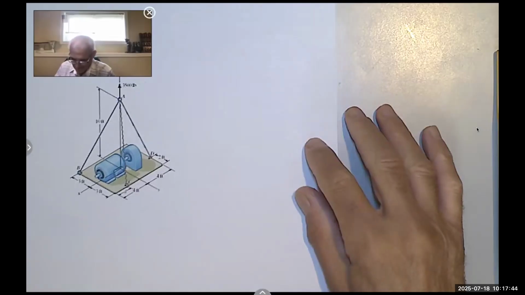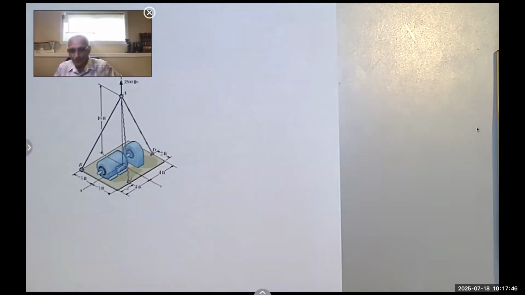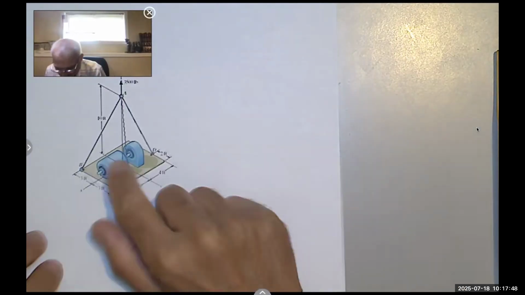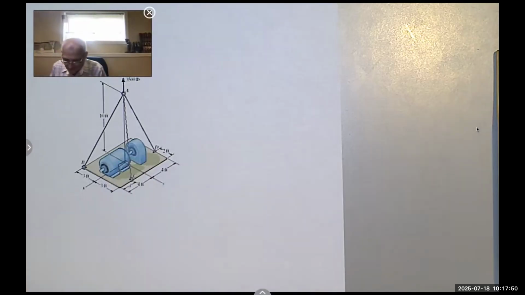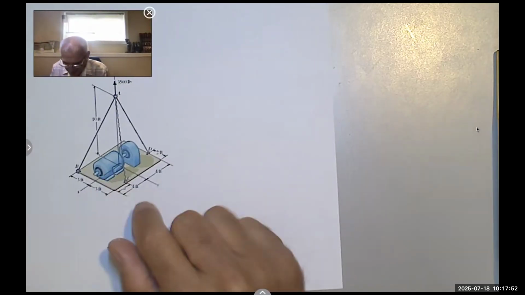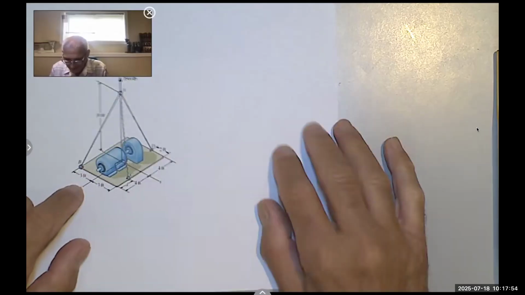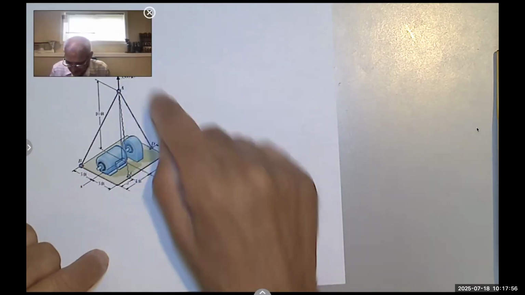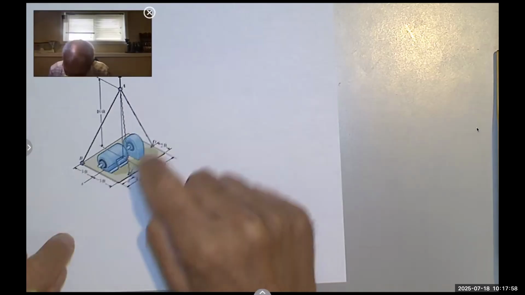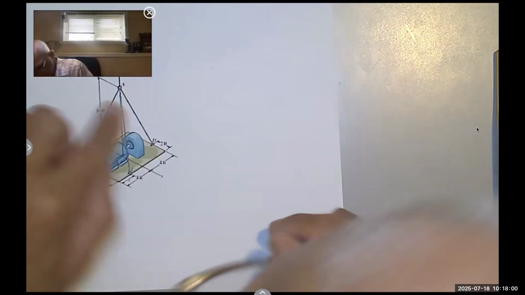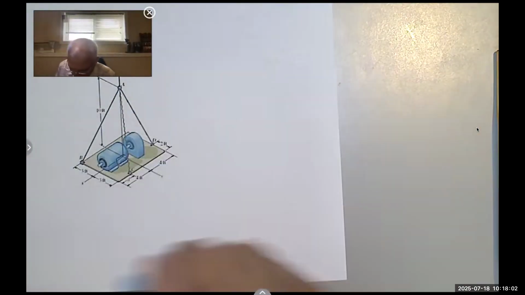So what I did today is I brought a problem. We have some kind of a motor or something, and it's on a plate, and it's hung by two cables, maybe three cables. I don't know if that's a cable or something else.